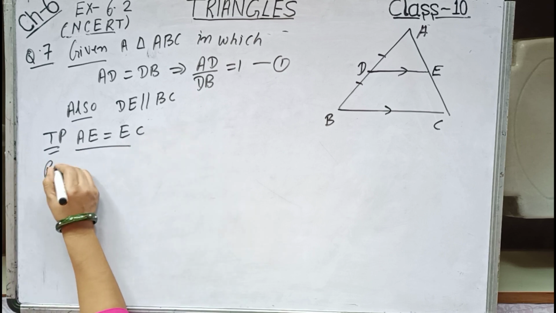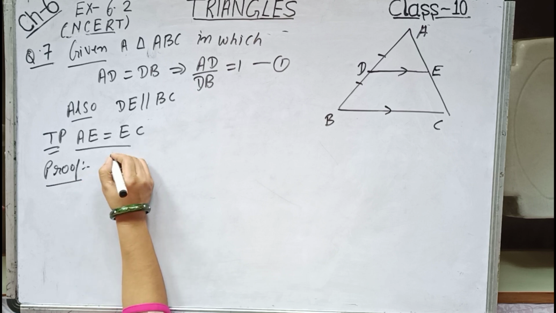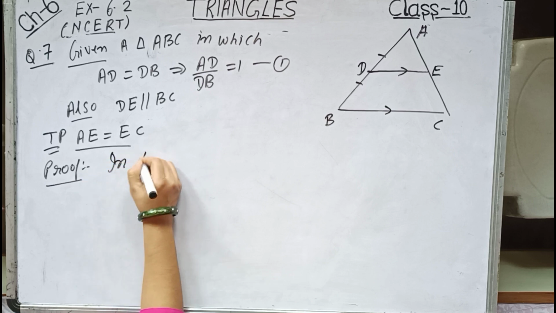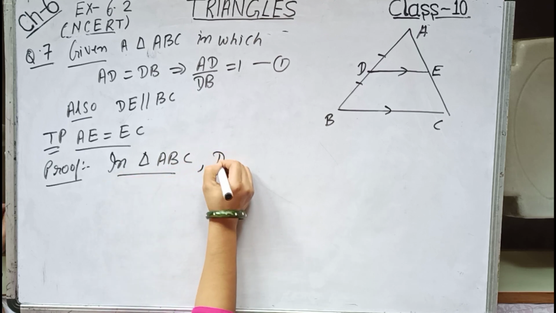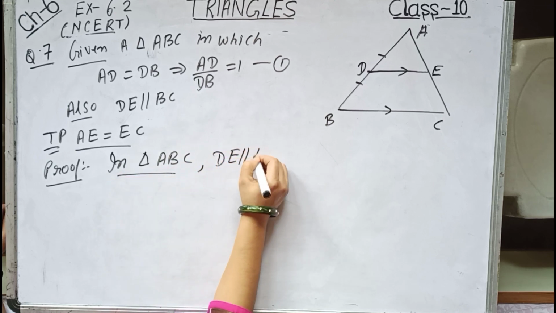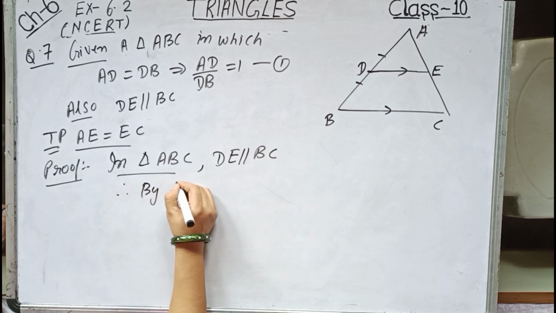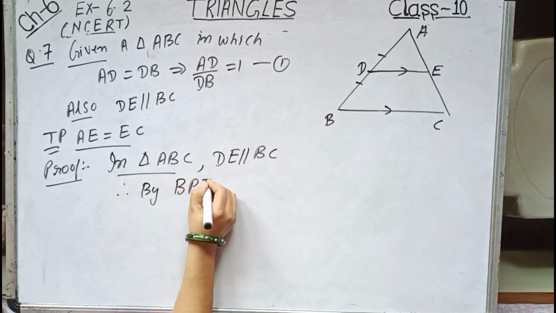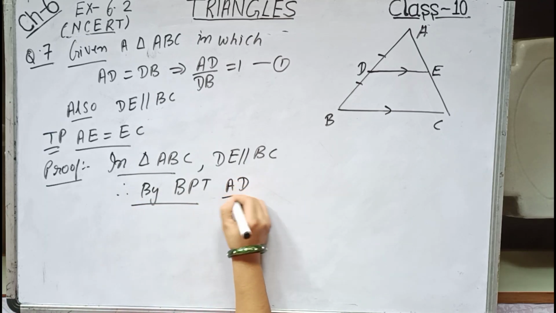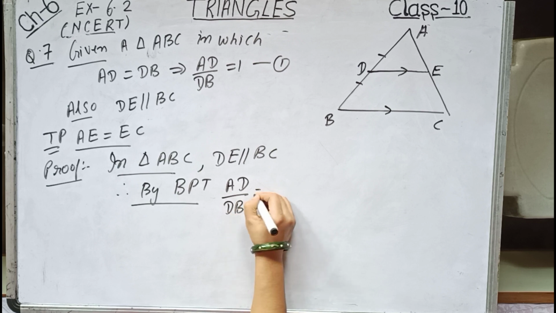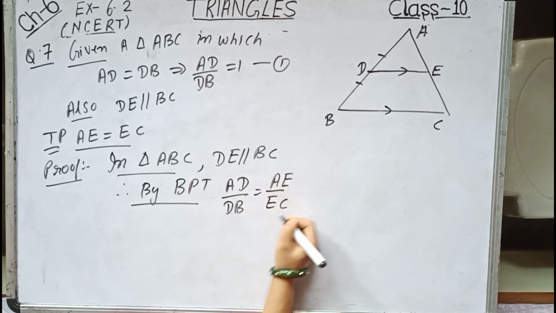Now proof part. In triangle ABC, DE is parallel to BC. Therefore, by BPT, AD by DB equals AE by EC.